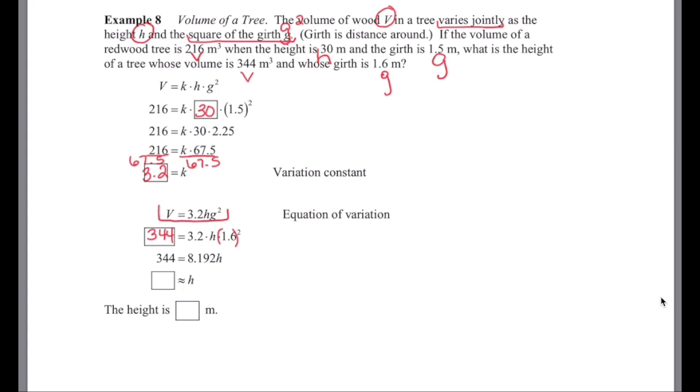When I multiply 1 6/10 times 1 6/10 times 3 2/10, we have 8.192. When we divide, since we have a large decimal, we'll probably get a decimal. Anyways, we get approximately 42 meters high. And this concludes our lesson on variation and application.